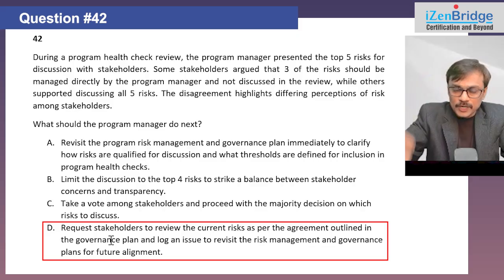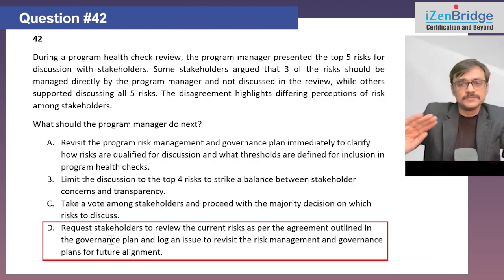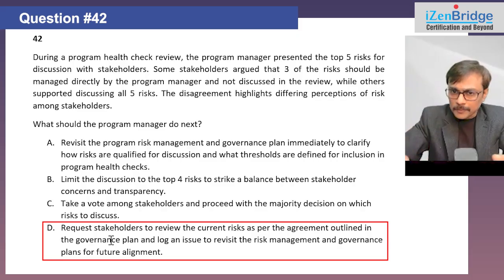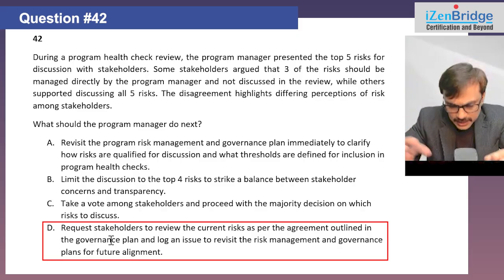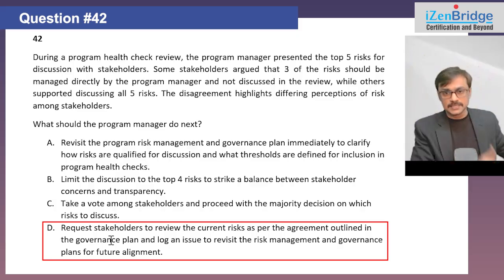Should I, as a program manager, acknowledge the issue and continue with my health check and say that we will revisit this as per the open issue, and next time we will do as per our agreement? That's option D. Option A is saying, let's open up the risk management plan and governance plan and talk about what we should do and discuss that. That's option A.